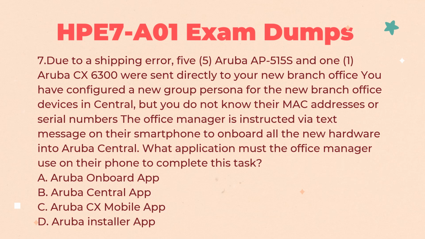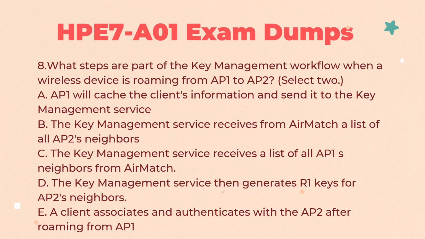8. What steps are part of the key management workflow when a wireless device is roaming from AP1 to AP2? Select 2. A. AP1 will cache the client's information and send it to the Key Management Service. B. The Key Management Service receives from AirMatch a list of all AP2's neighbors.